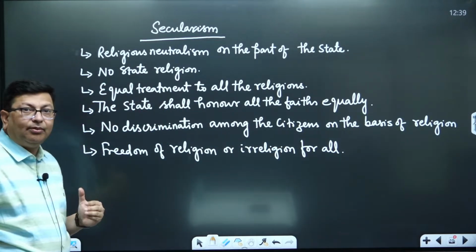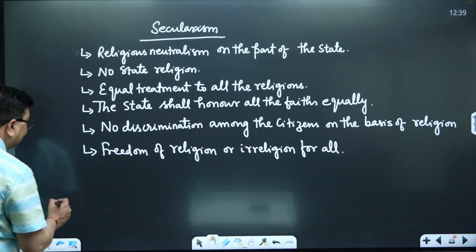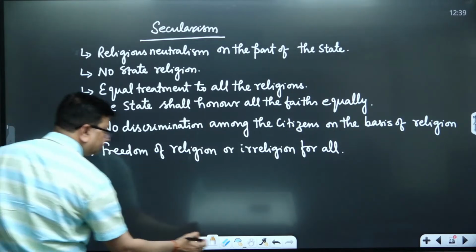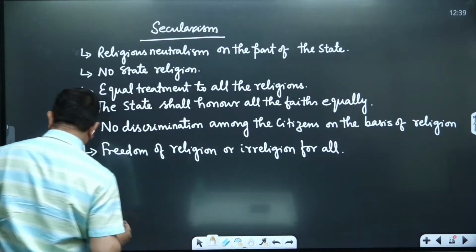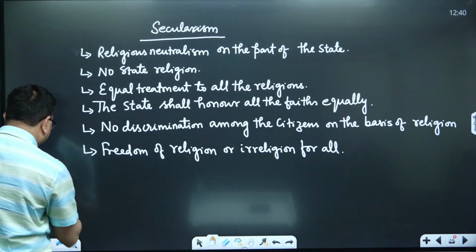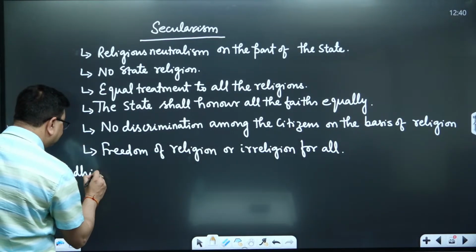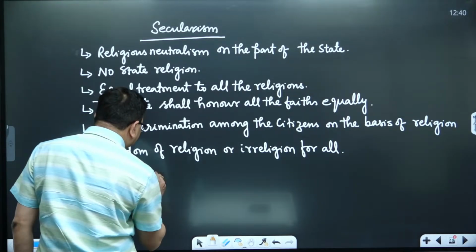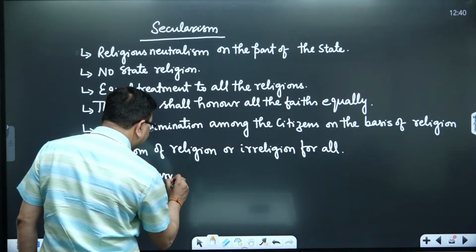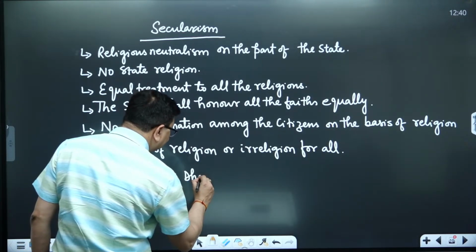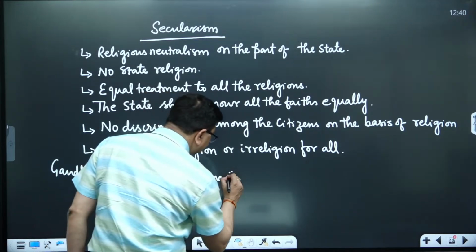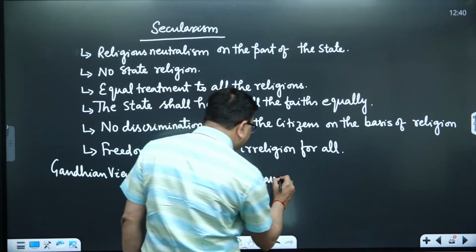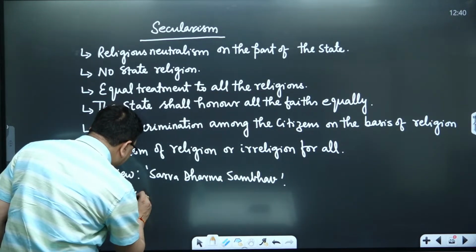Then when we talk about Mahatma Gandhi, Gandhi ji talked about, that is the Gandhian view, we can say, Sarva Dharma Sambhav, that is coexistence of all the religions.